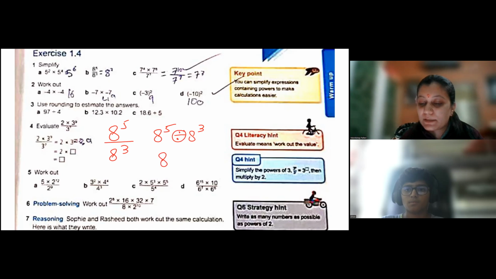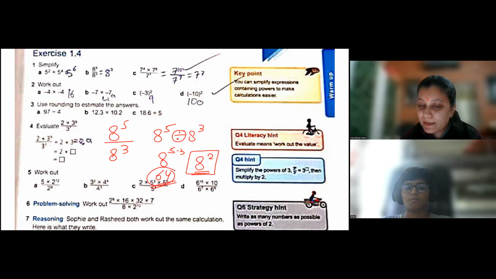What will be the answer? Powers will be added or subtracted? Subtracted in this case because we have division. Correct. So 8 to the power 5 minus 3, we'll get 8 to the power 2. And if we have to find the final answer, that will be 8 squared, that is 8 multiplied by 8, which is 64. Right?